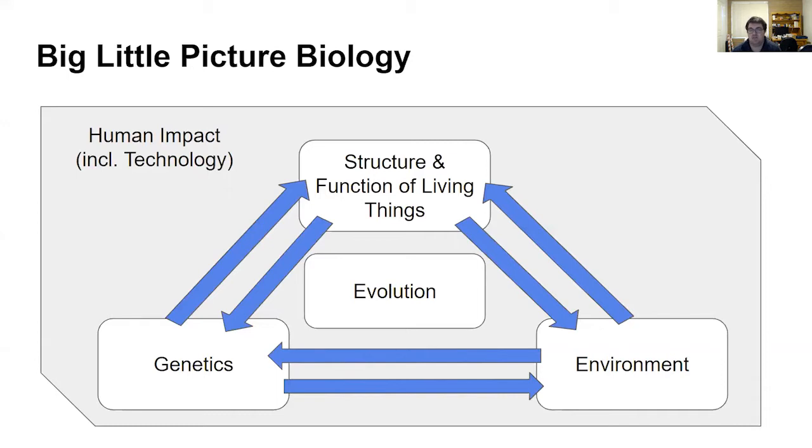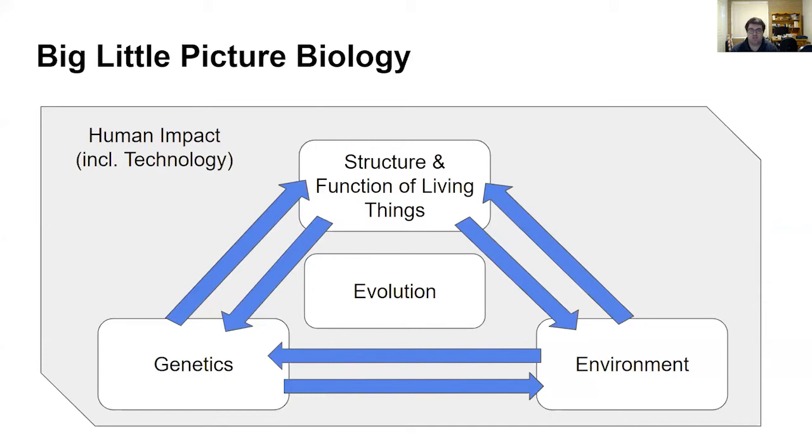We have this feedback between all of these processes that are occurring across living things, and this back and forth is enabled by evolution. It's central to everything, because everything is slowly changing from one generation to the next.